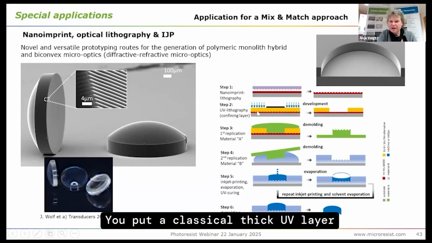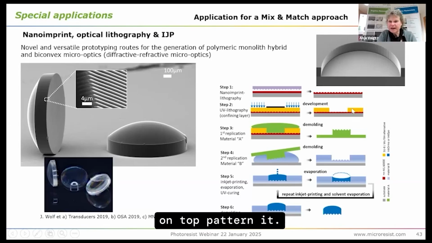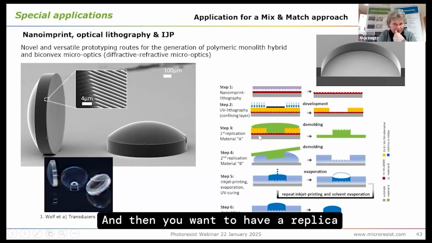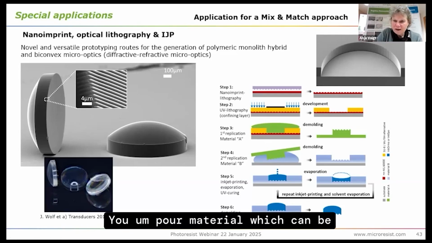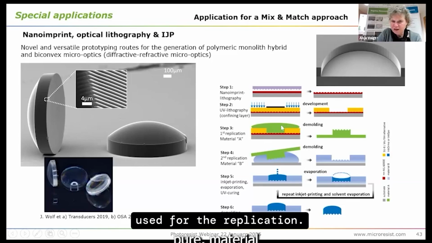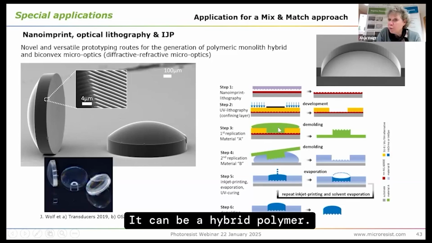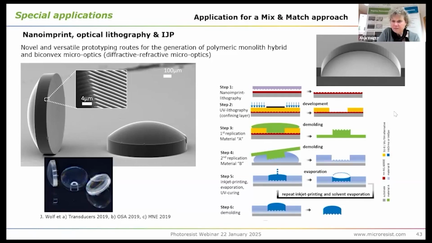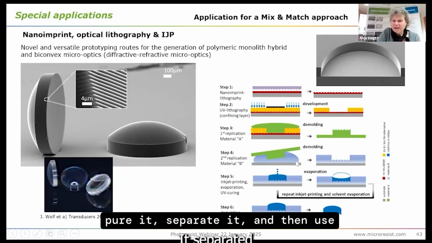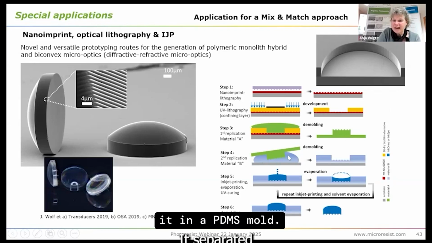You put a classical thick UV layer on top, pattern it, and then you want to have a replica of it. You pour a material which can be used for the replication. It can be a hybrid polymer. Cure it, separate it, and then you use it as a PDMS mold.